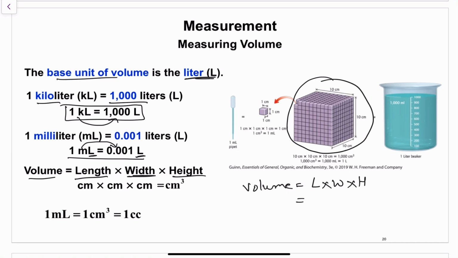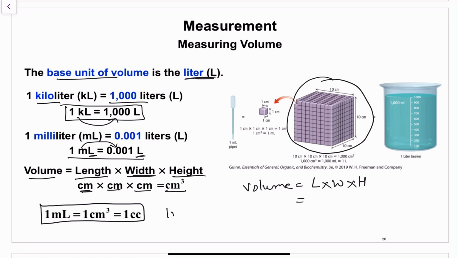And if we are measuring the length, width and height in centimeter, then it's going to be centimeter cube or cubic centimeter, because we have 3 centimeters getting multiplied, cubic centimeter. And one of the important equations that you need to use to solve a couple of the problems is 1 ml is always equal to 1 cubic centimeter, right?